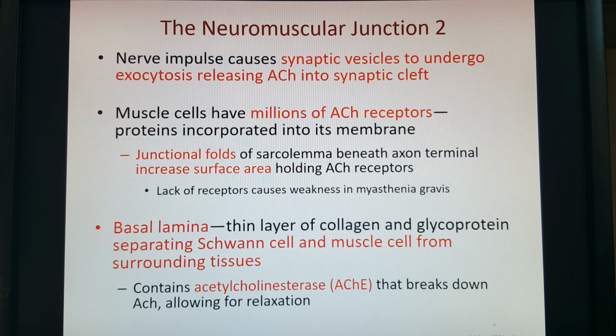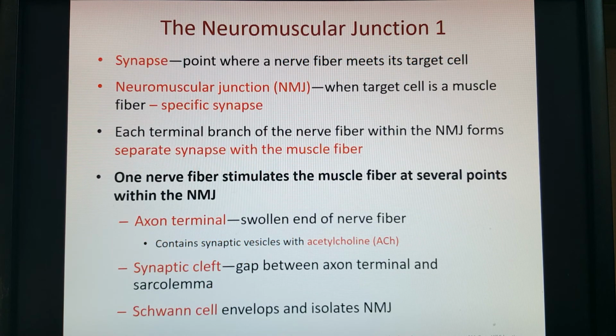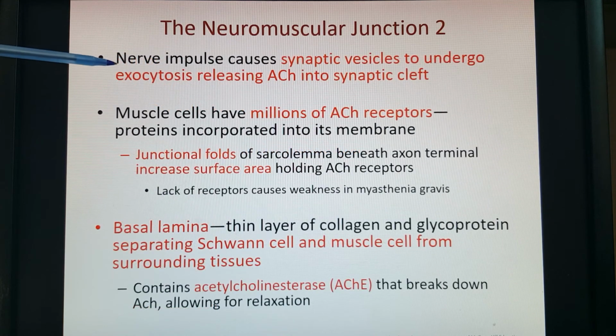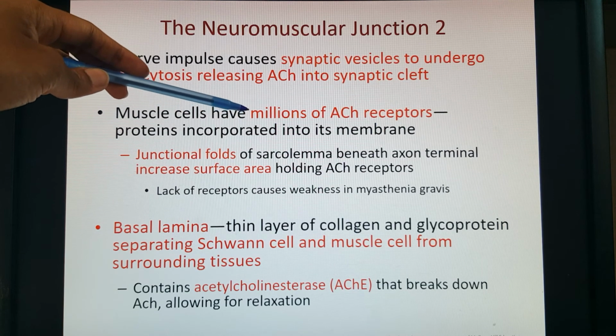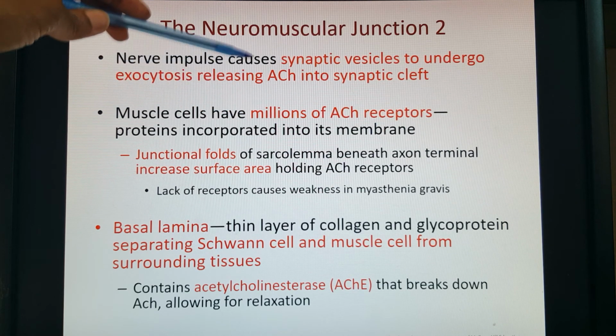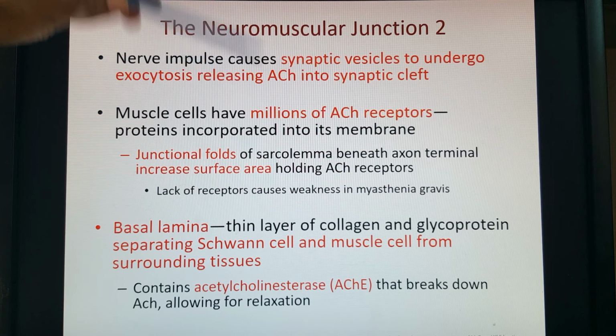When we have a nerve impulse, a command from our neuron, it causes exocytosis in that axon terminal to release the acetylcholine into the synaptic cleft, that gap space. The acetylcholine then binds to millions of acetylcholine receptors on our actual muscle cells.